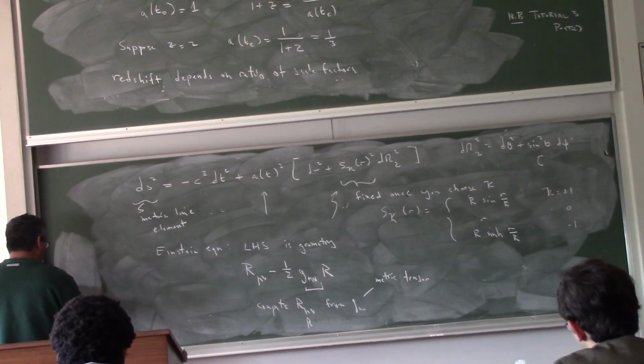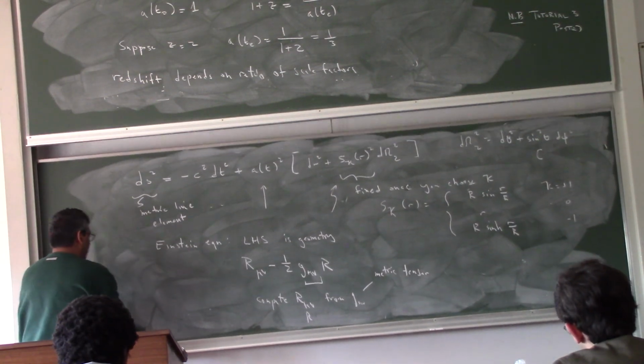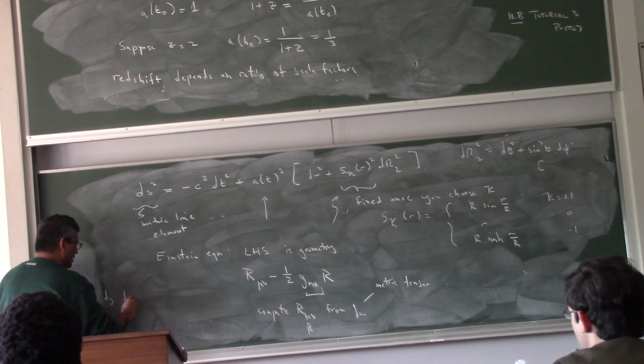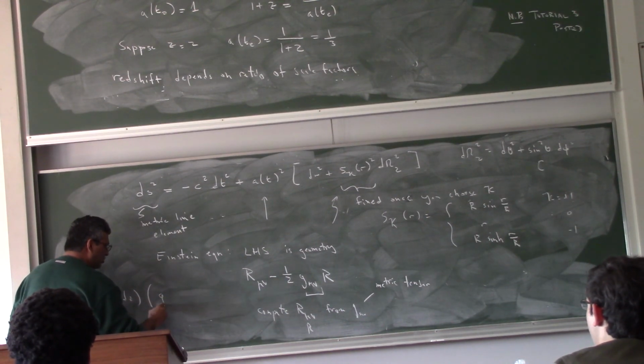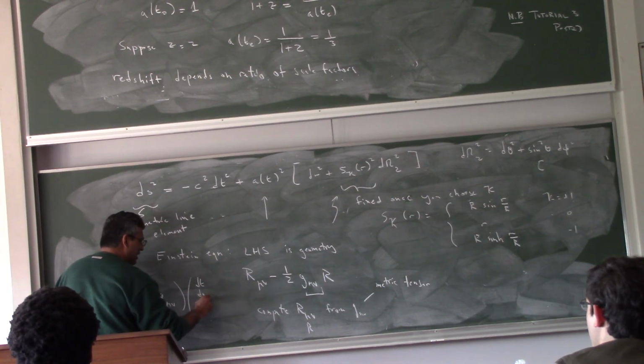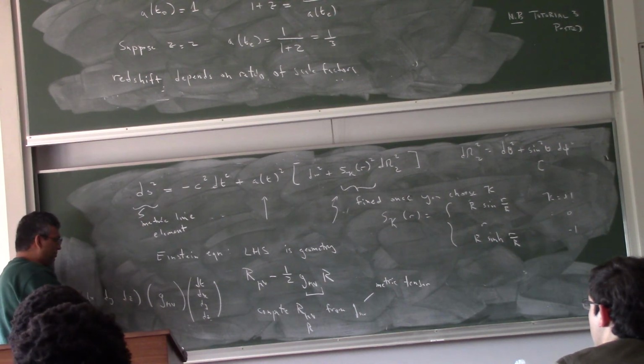In this case, we have a row vector dt, dx, dy, dz times the matrix G mu nu times the column vector dt, dx, dy, dz. You multiply these together, and you'll get the metric line element.